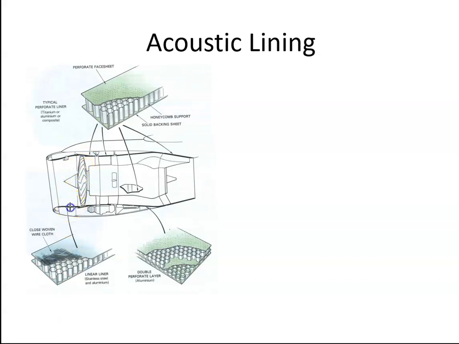What can also happen is if we change the geometry of the inlet, if you move the inlet sort of to there, then the noise from the fan can rebound up and away from people on the ground or houses on the ground, and that would reduce the noise figure for the engine also. Okay, so there are the different methods of noise reduction for a gas turbine engine.